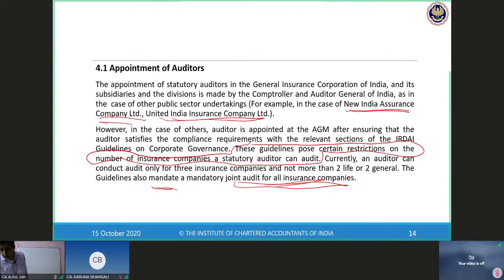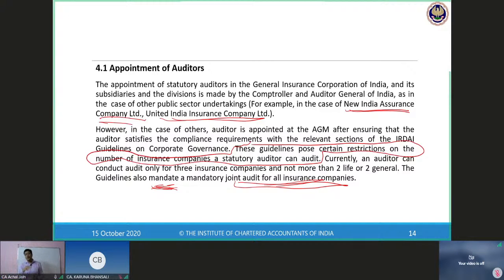What is a joint audit? I hope you all know about that. Joint audit will require 2 auditors to audit the financial statements of the insurance company. So it will not be one auditor. When we say one auditor, we are talking about an audit firm or a proprietor, either of them.